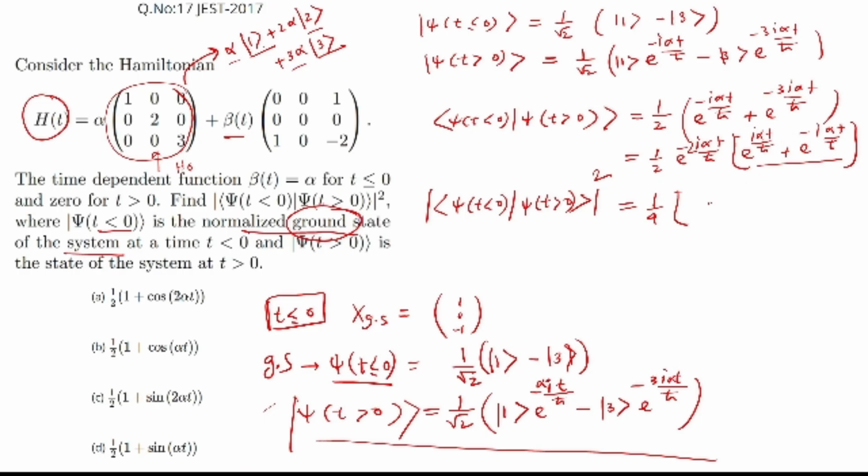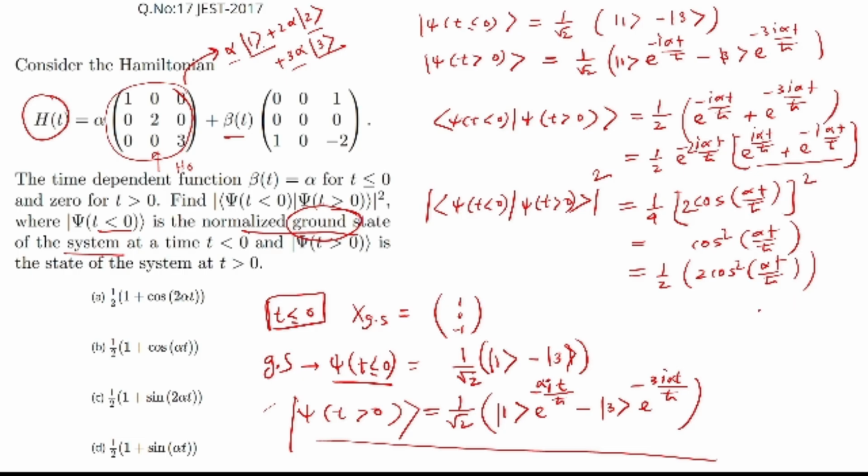So we can replace it with cos alpha t by h cross, multiplied by 2 and divided by 2, whole squared. So the 4s cancel, leaving cos squared alpha t divided by h cross.